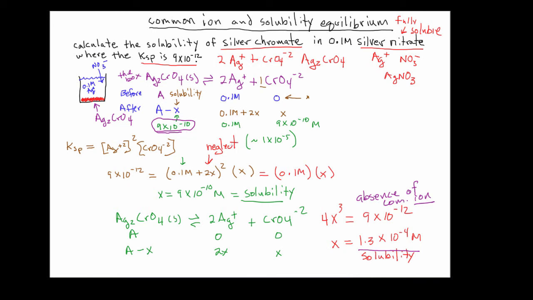So what you're actually witnessing here is Le Chatelier's principle in action. What I mean by that is that in the presence of the common ion, the shift to equilibrium that moves to the right is much smaller than it would be in the absence of the common ion, because one of the products is already present.